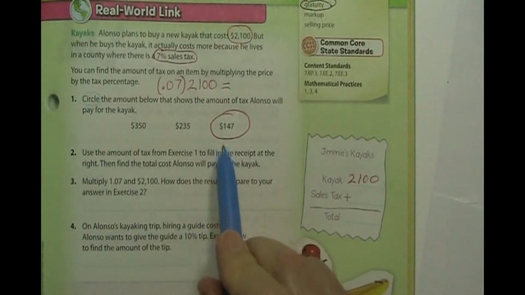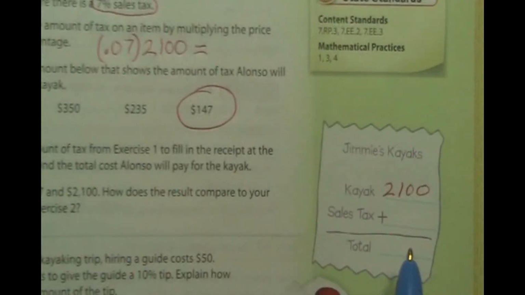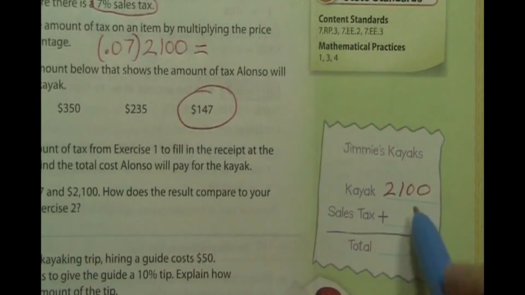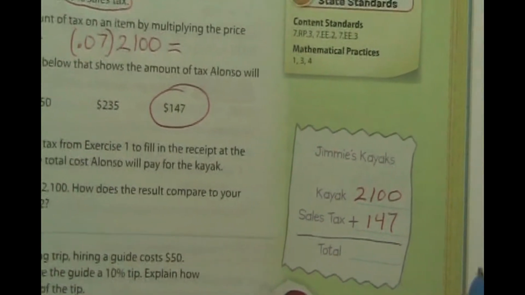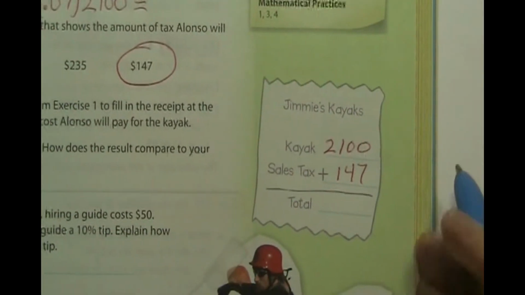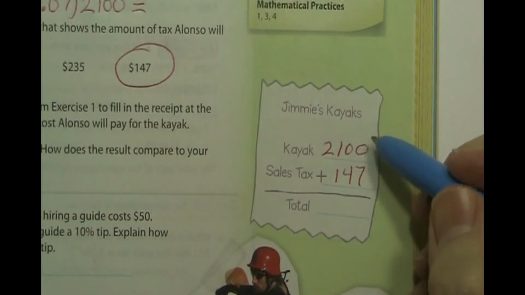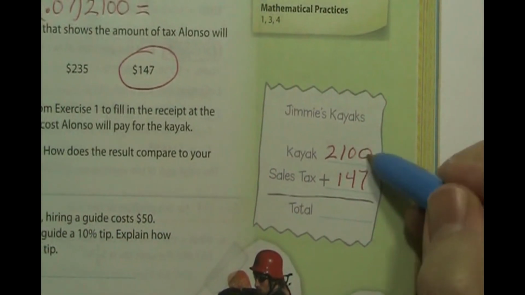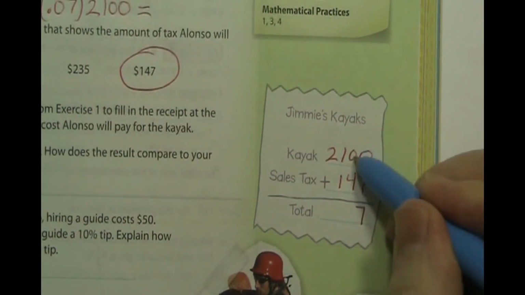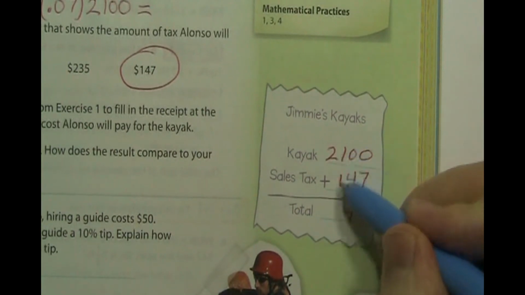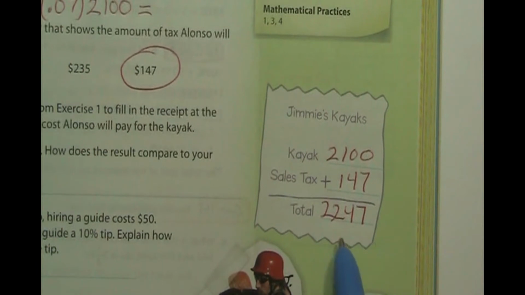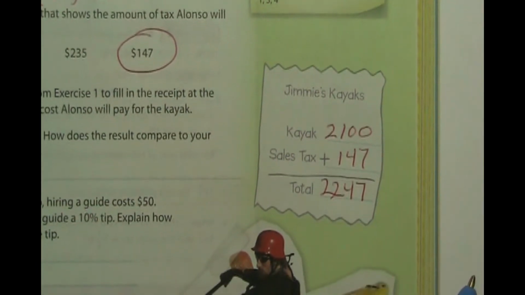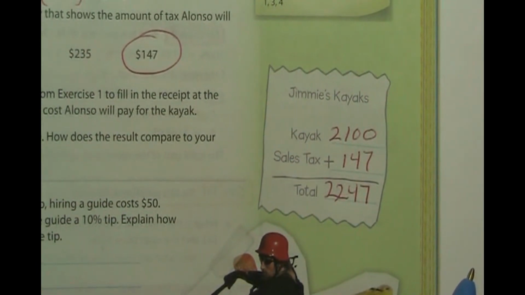And the tax, we said, was $147. We add that up, and we get our answer. This is how much he has to pay. That's 7, 4, 1 and 1 makes 2, and then a 2. So it looks like $2,247.